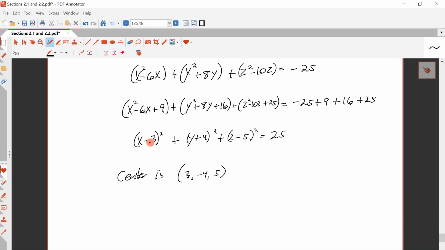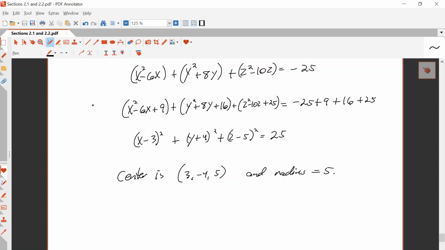The center is that, and the radius is the square root of 25, which is 5. Okay? So that's spheres in 3 dimensions. Spheres are important objects in 3D, and we'll talk about them quite a bit.